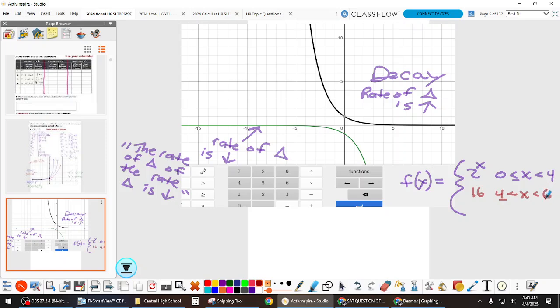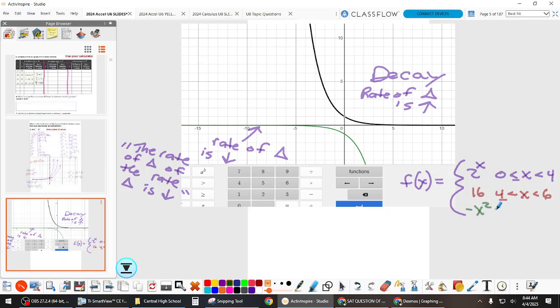Okay, and then what do you want it to do? Can it drop? Can it decay? Yeah, we could do a whole different thing. We could have it decay, we could have it hump down like a parabola. I want it to come down. Okay, so let's do negative x squared.